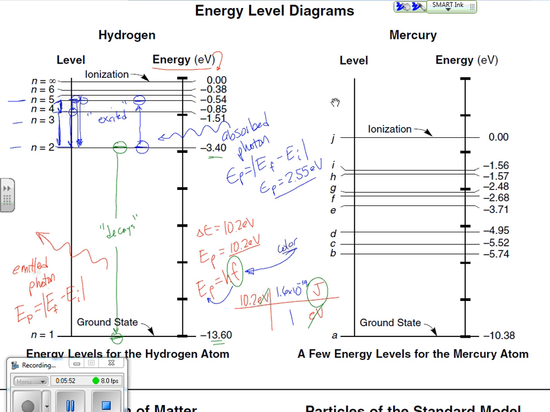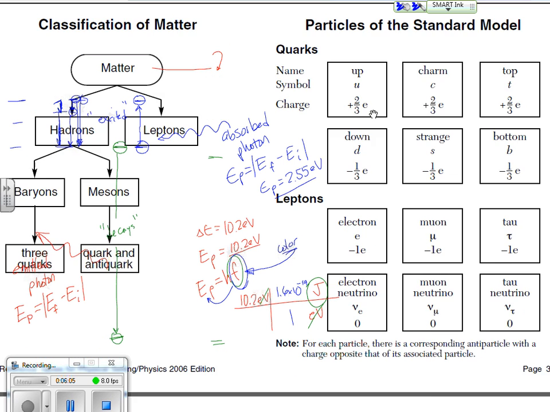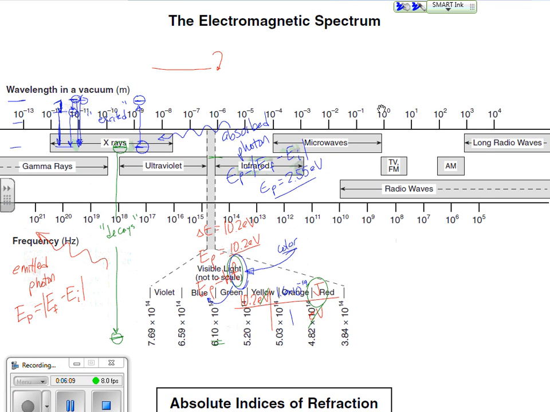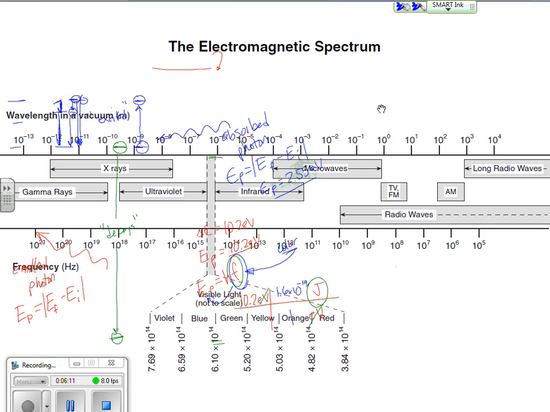Now, as I said, we could find the frequency of this photon. If we were to do that, we could then look at a different part of the reference table.